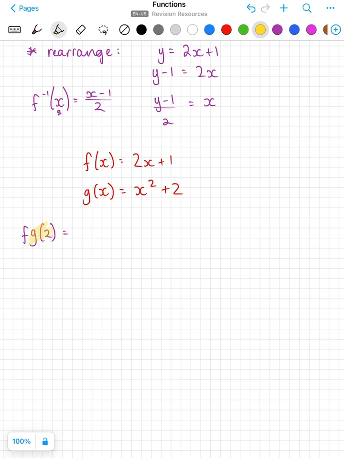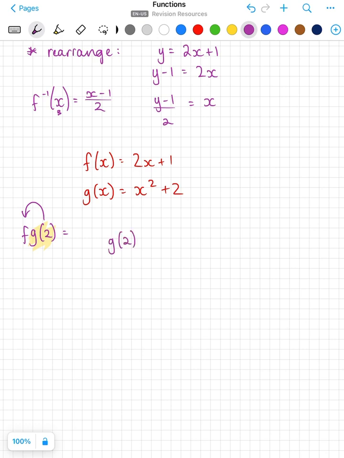What this means is find out what g of 2 is, and then substitute that into f's function. So we start with g of 2, so again we're substituting 2 into wherever x is. So that's 2 squared, which is 4, plus 2, which is 6. So now it becomes f of 6. So that's 2 times 6 plus 1. 13 is our answer.